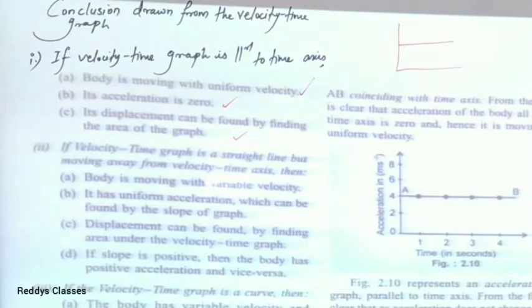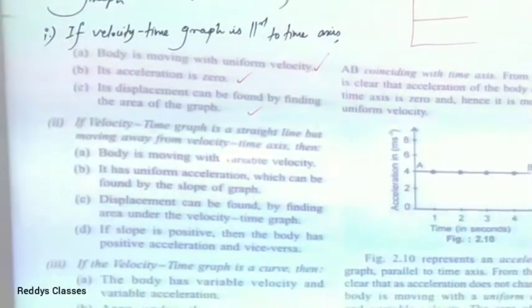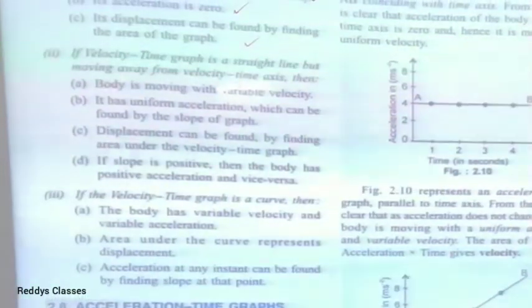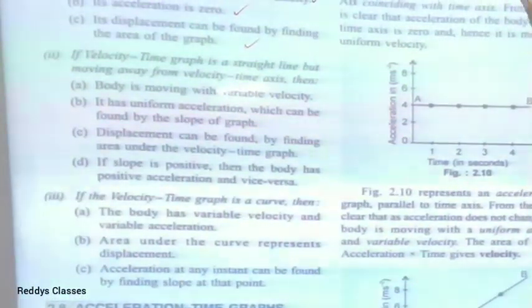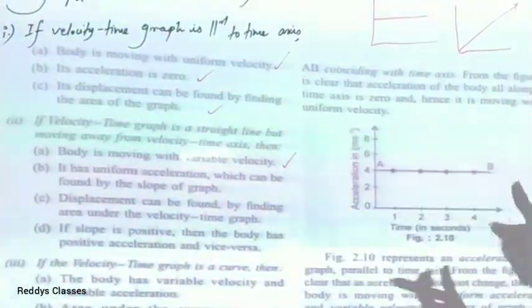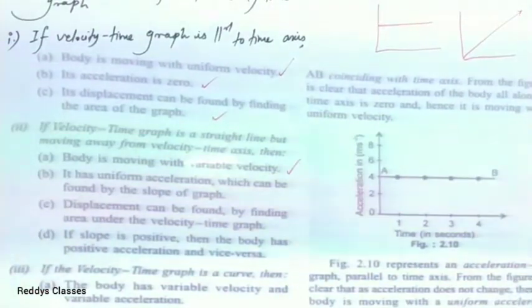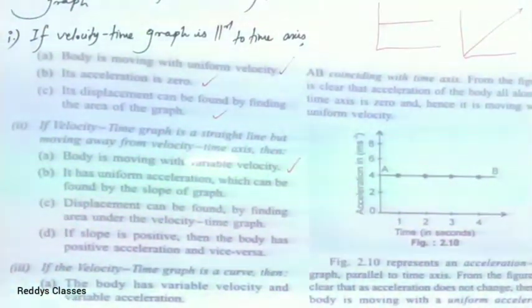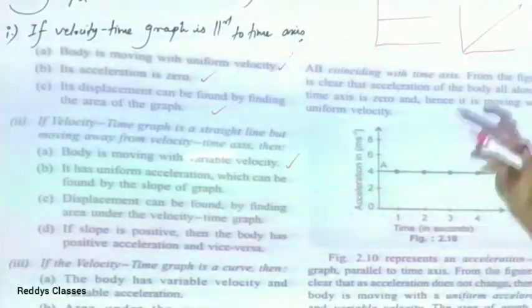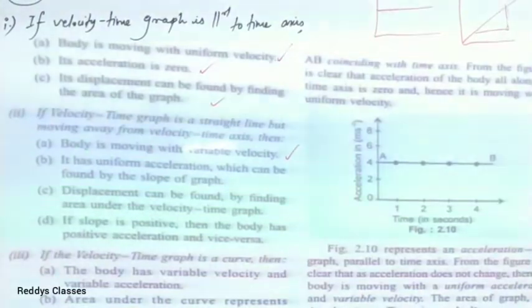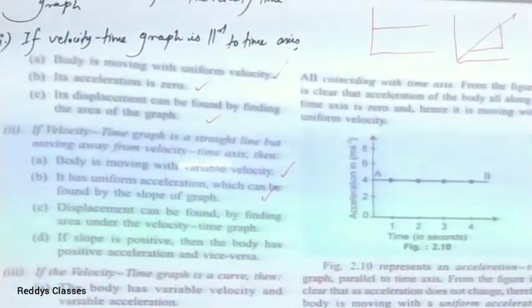Secondly, if the velocity time graph is a straight line moving away from the time axis, the body is moving with variable velocity, which means its velocity may change. It has uniform acceleration, which can be found by the slope of the graph. As we calculated the slope in this form, we can calculate the uniform acceleration using the slope of the graph.